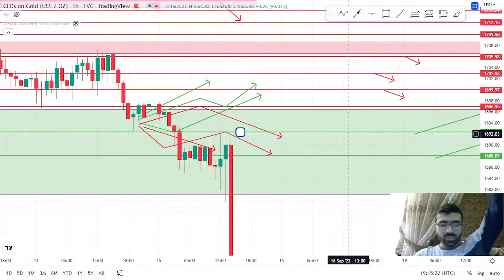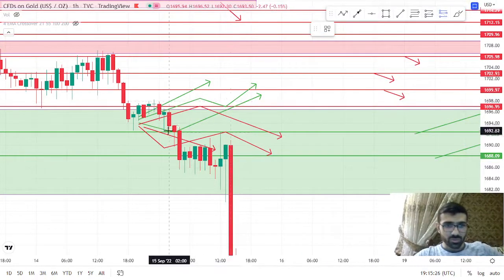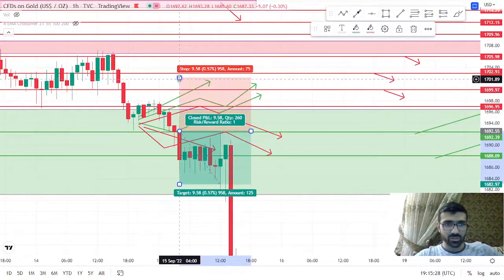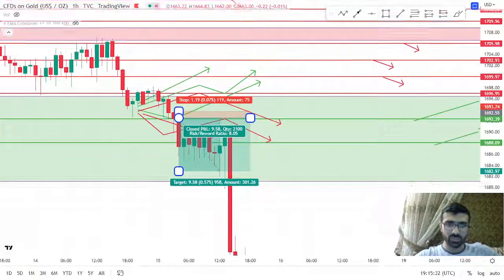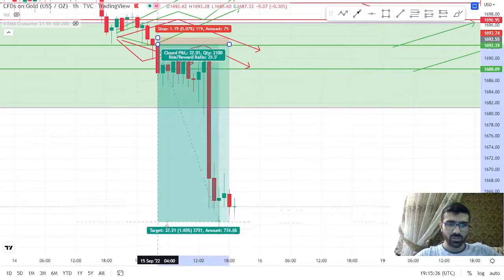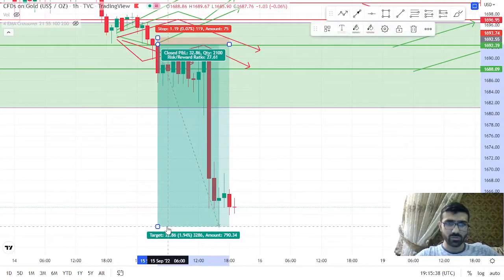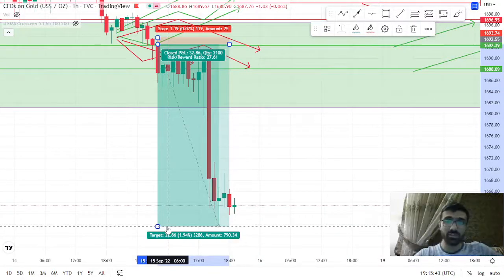I think huge profits would have come your way if you had shorted from here. Your stop loss would be over here, and your take profit would be here. This would have given you a 27.6% profit, which is huge. This is amazing profit that could have come your way.